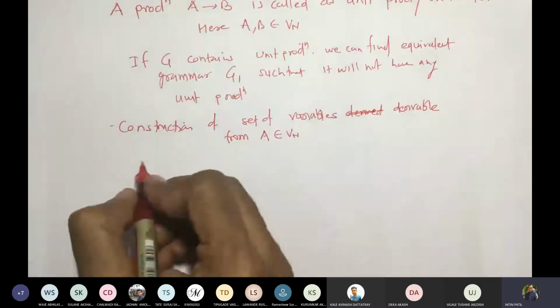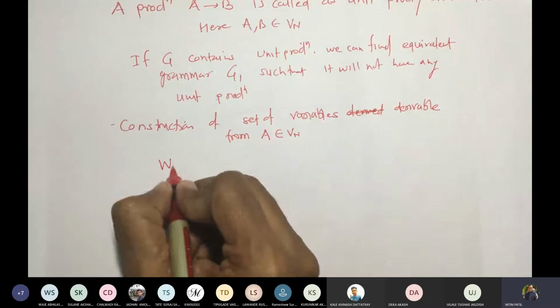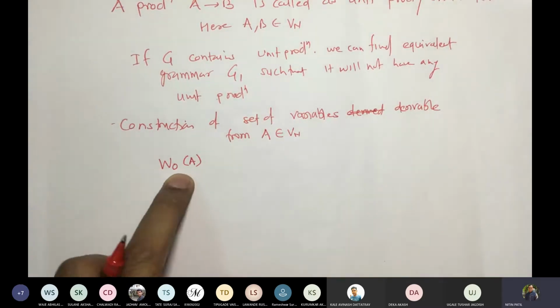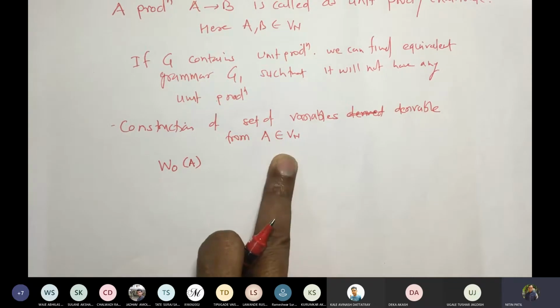Fine. So this is to be applied for every variable. For example, let us talk about W0 of A. We will construct it for every variable that can be seen in Vn. So let us do this.